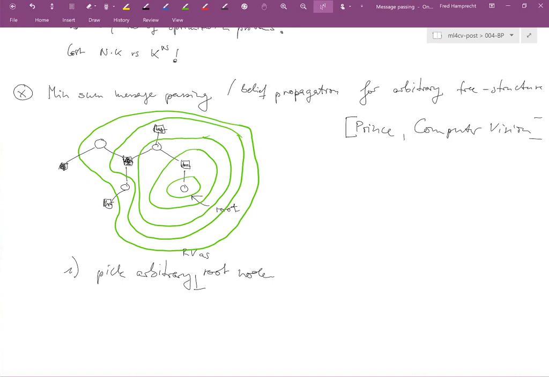So we pick an arbitrary root node, and then we send messages from the leaves.